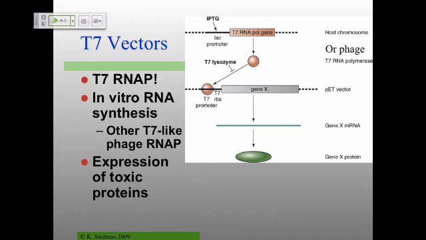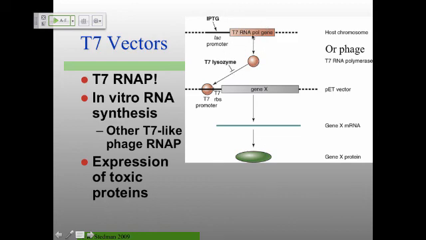So if you engineer promoters for that T7 RNA polymerase in front of your favorite gene, also known as gene X, that will now be transcribed at very high levels, because it's a really fast polymerase, but it'll only be made when you have this T7 RNA polymerase gene around.